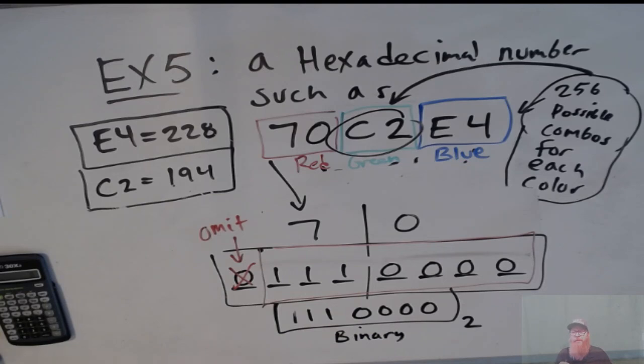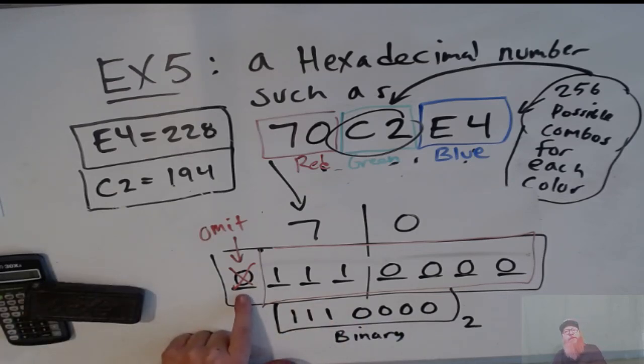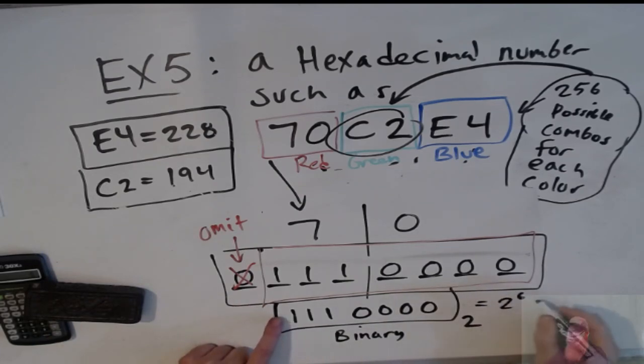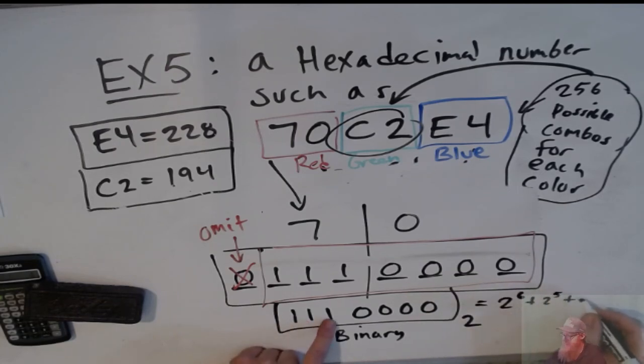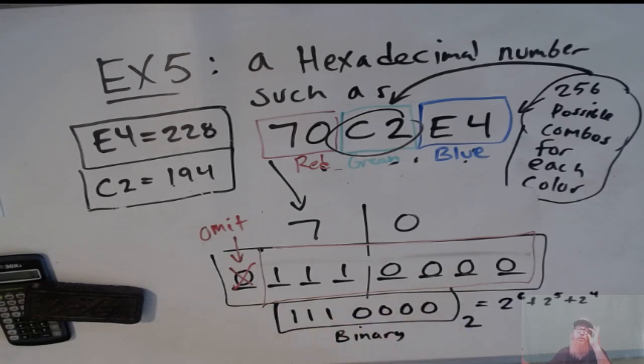Okay. So what does this mean in decimal? Well, you have to calculate it out. Remember, now this is 2 to the 7th, which we omitted. So this would be 2 to the 6th plus 2 to the 5th plus 2 to the 4th. Everybody else is a 0, so they actually mean 0.